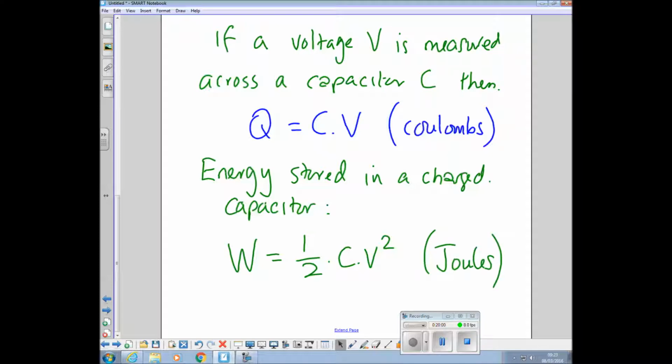So SI unit of energy. So if we know the capacitance value and the voltage it has been charged up to, we can find out how much energy stored we've got in joules, if that's what we're interested in. So W is energy in this instance.